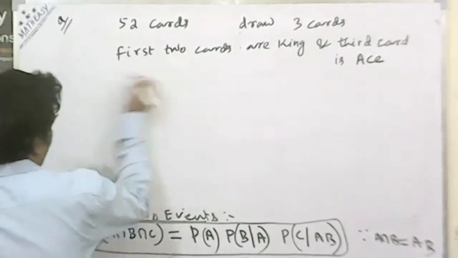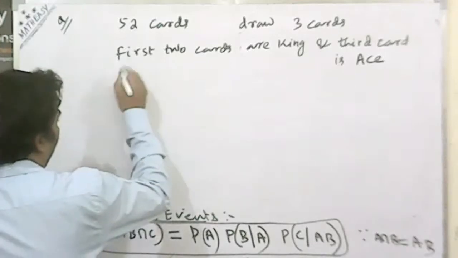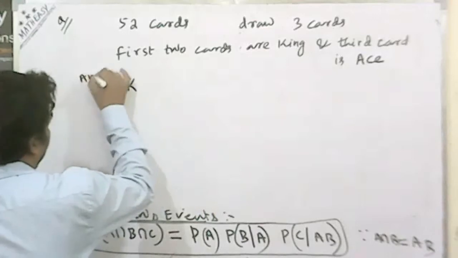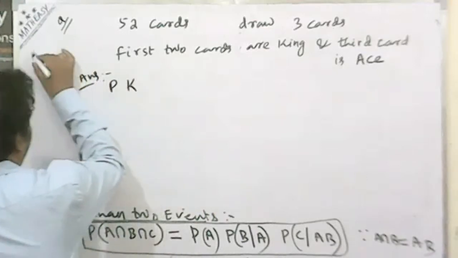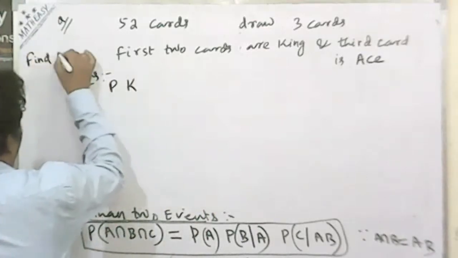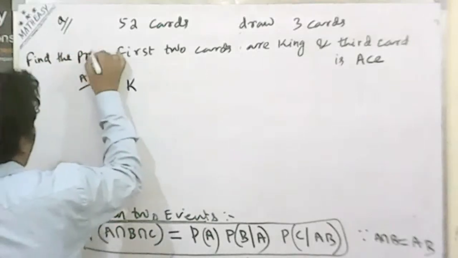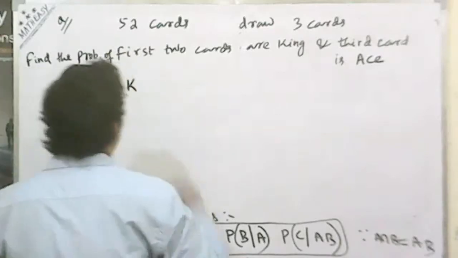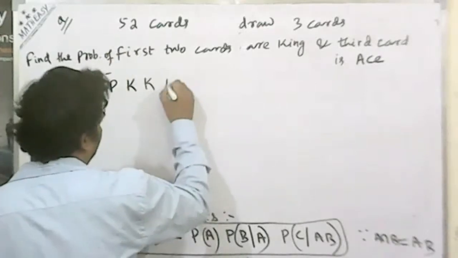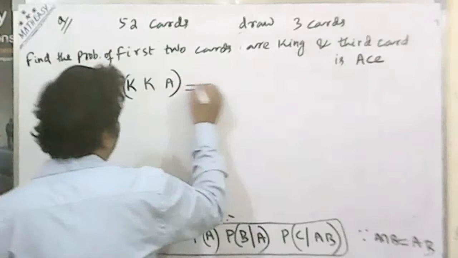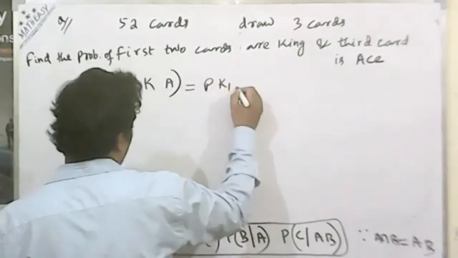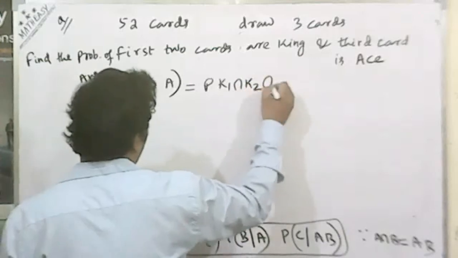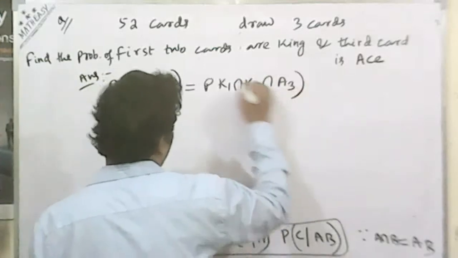It means probability of K K A. It means probability K1 intersection K2 intersection A3.